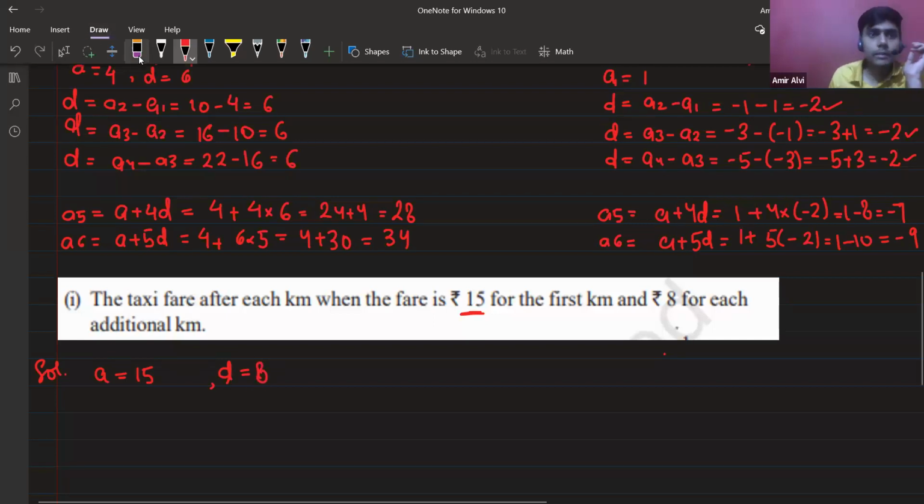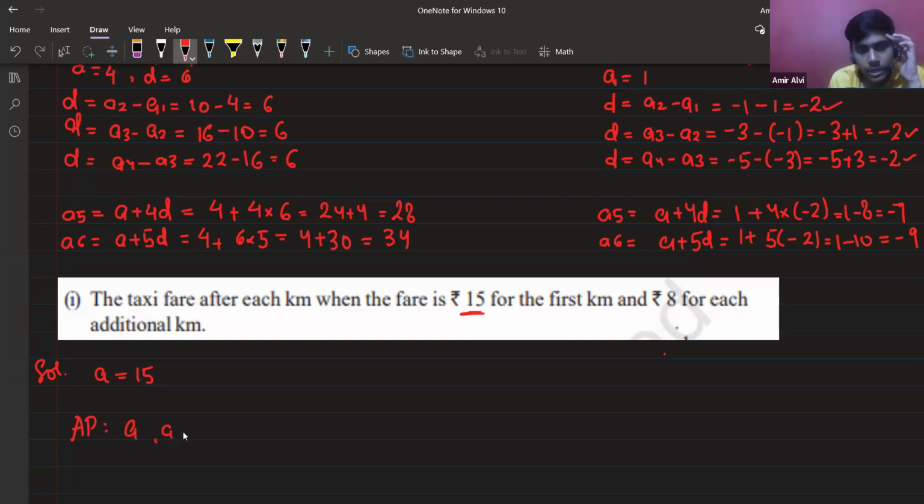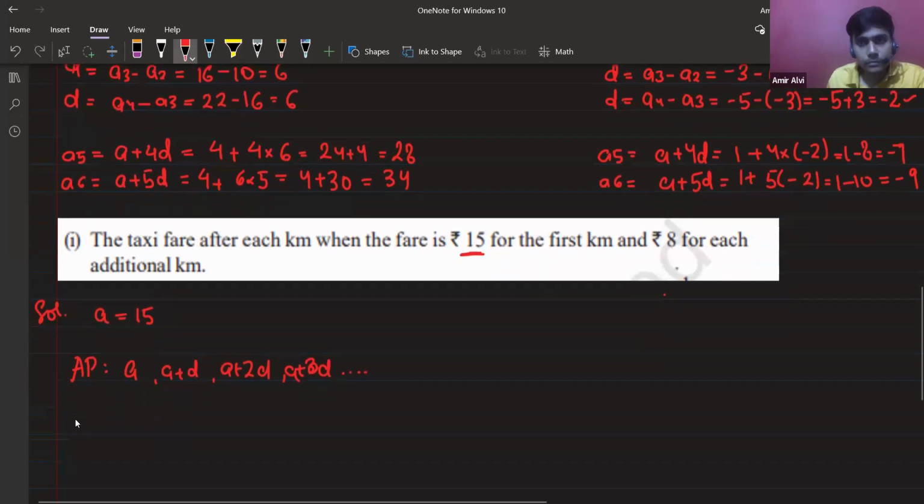So can I write D is equal to 8 rupees? Yes, sir. Just a second, without writing D directly, let me write the terms of the AP. So the AP is A, A plus D, A plus 2D, A plus 3D, and so on.